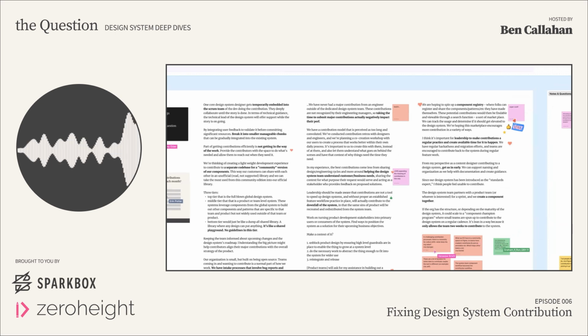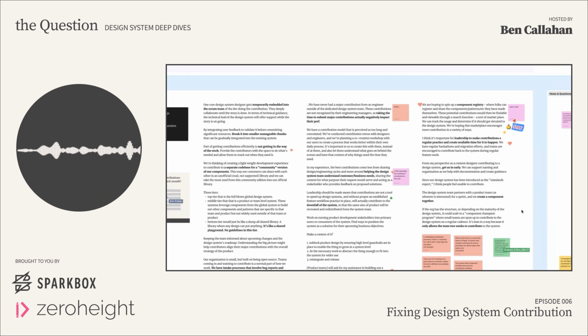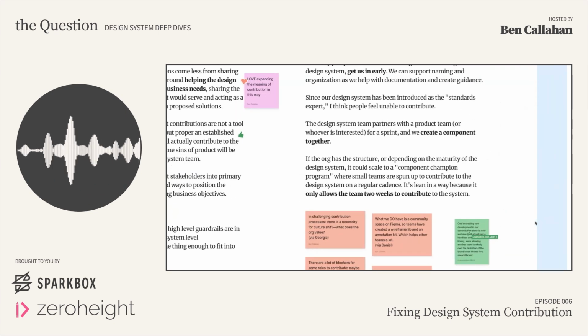So I think we're now in our 3rd iteration of a contribution model for our organization. We still haven't got it right, but I'm very lucky to have a UX researcher working on the design system team, doing research with designers and with front-end engineers to understand how they work and how they see this.